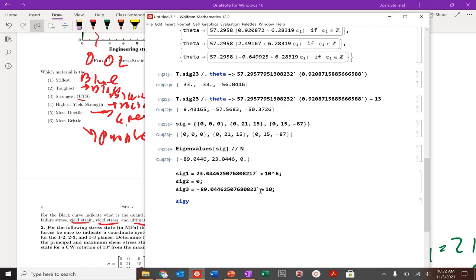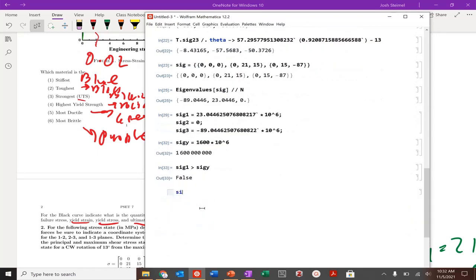So sigma y is equal to 1600 times 10 to the 6. Is sigma 1 greater than sigma y? That's my Rankine criteria. No, it will not yield. Is sigma 1 minus sigma 3 greater than sigma y?